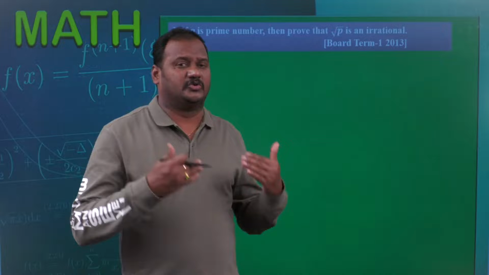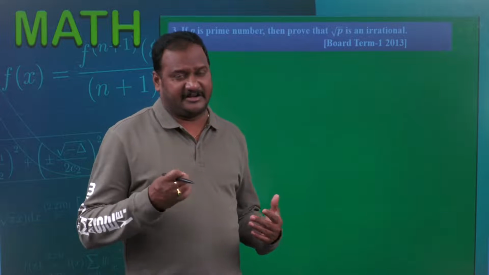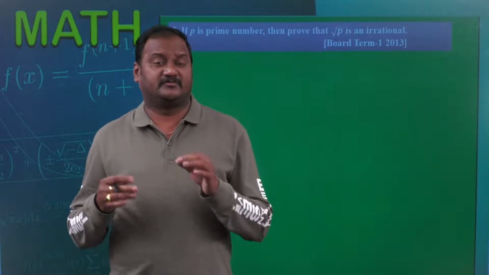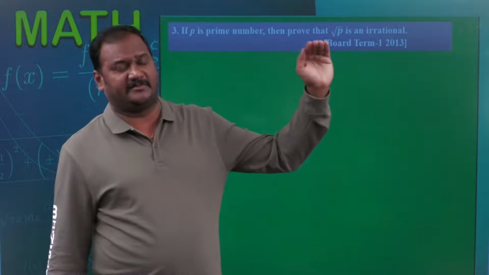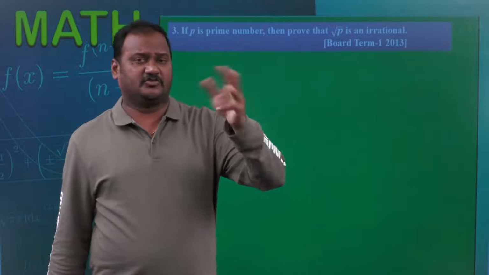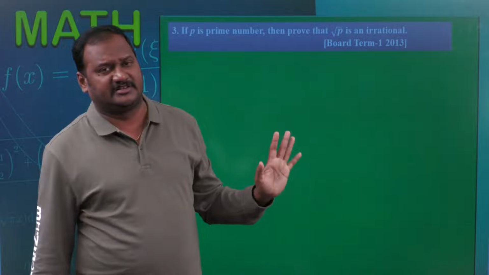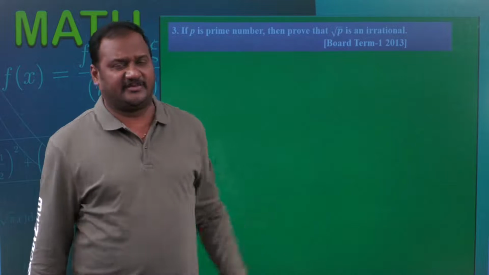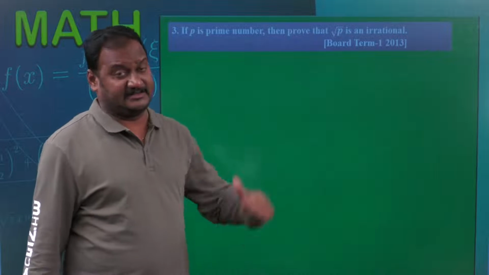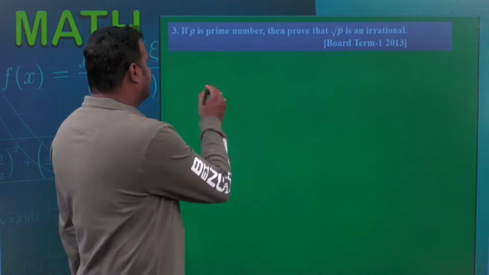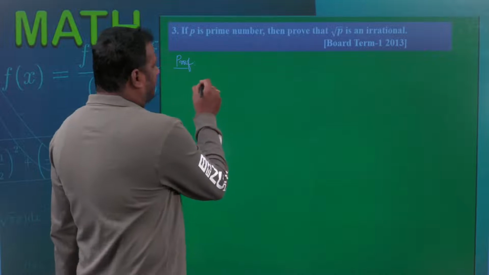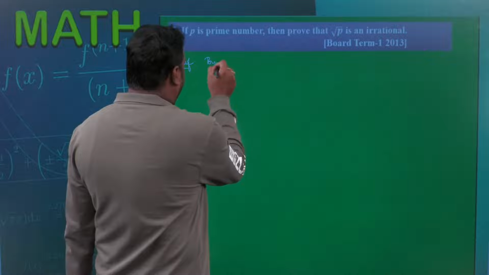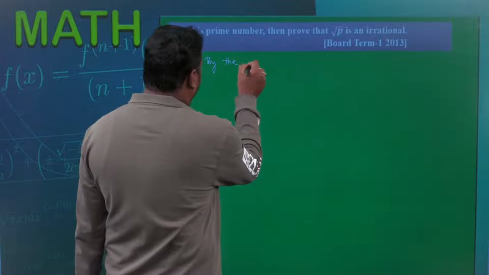Whatever method I follow, I will write on the board. The same applies for every single problem of the same kind. Root over p, in the place of p, if you have 2 or 3 or 5 or 7, whatever it is, you just replace that number. Automatically the result remains the same, but the method that I am following. So here the proof is going to be by the indirect method of proof.